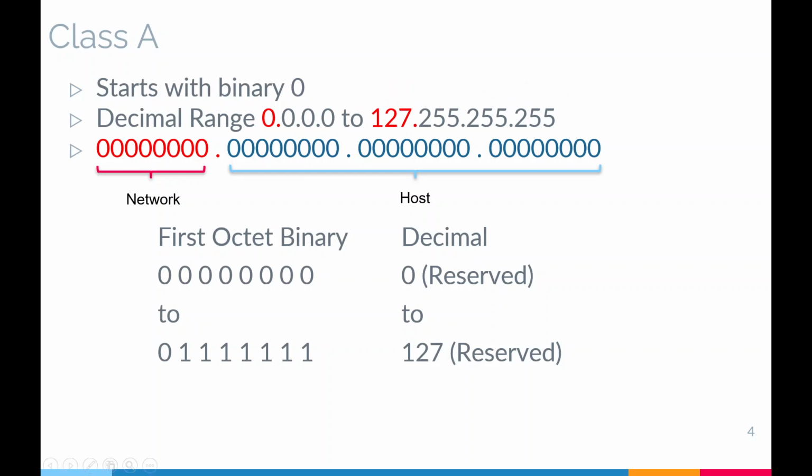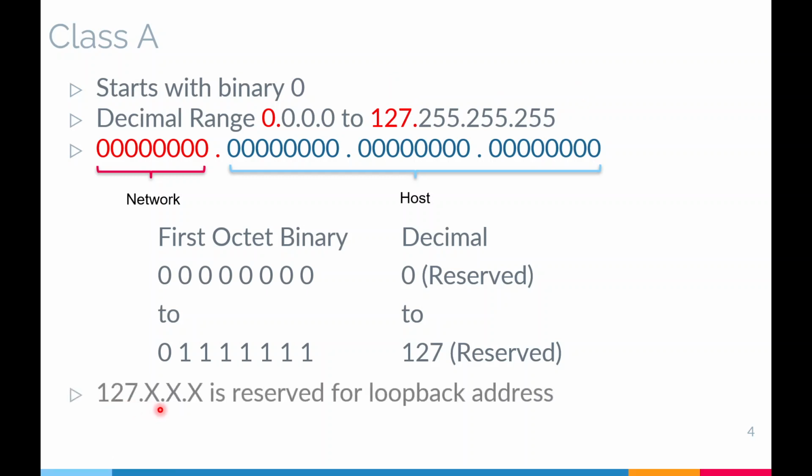Now what is this reserved thing? So this 127.x.x, I mean 127.0.0 or 0.1.0, any combination of the values after 127, are reserved for loopback address.